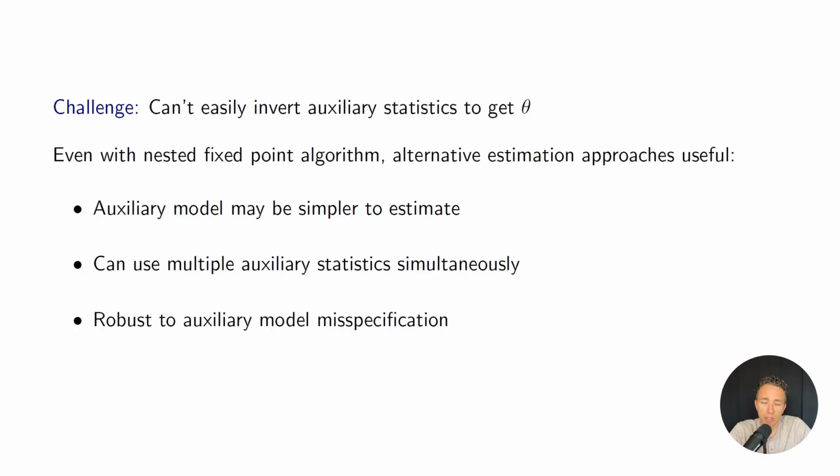And the real power of indirect inference is that the auxiliary model can be misspecified. So the main plus side of having indirect inference is that we don't have to worry about correctly specifying the auxiliary model. The main challenge is that we can't invert this auxiliary model directly to get our structural parameters, which is what we need for policy experiments.